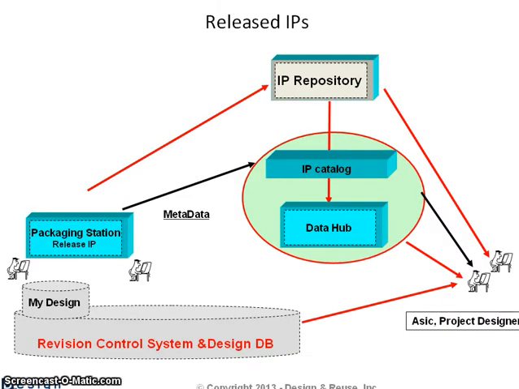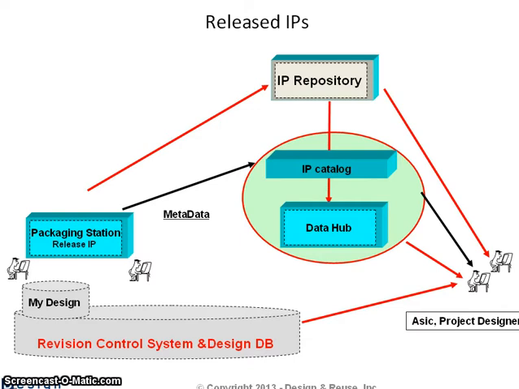This is an image to show you: I was working in my design environment. I have released my IP, the directories are frozen. Either I keep it where it is, and the people who use this IP can access the same DB, or I extract it and put it in the repository.